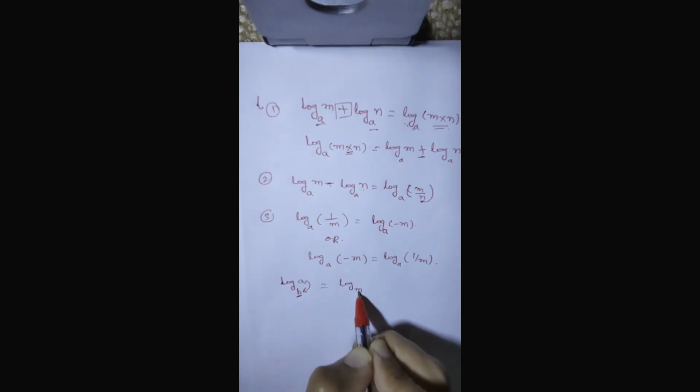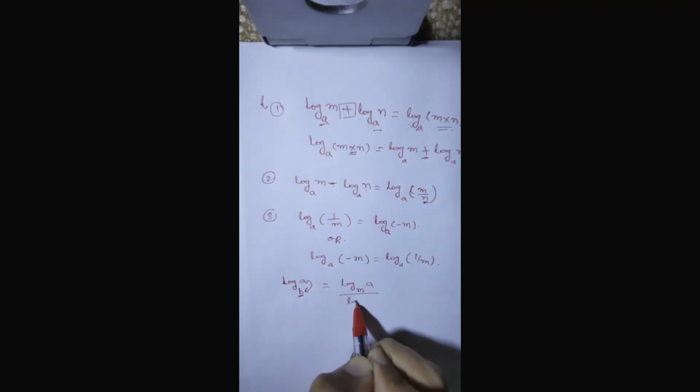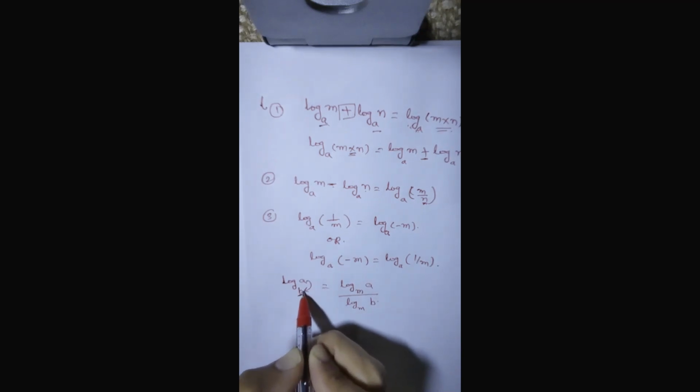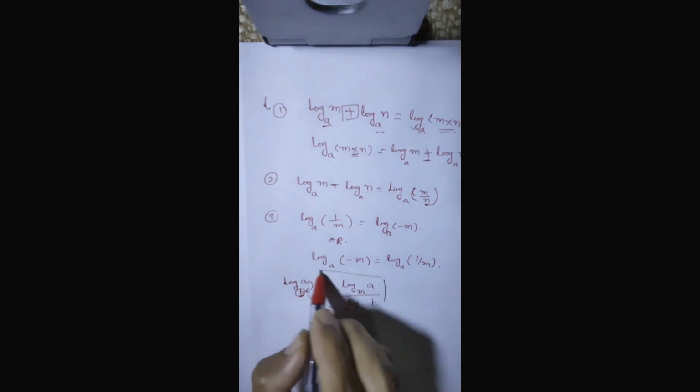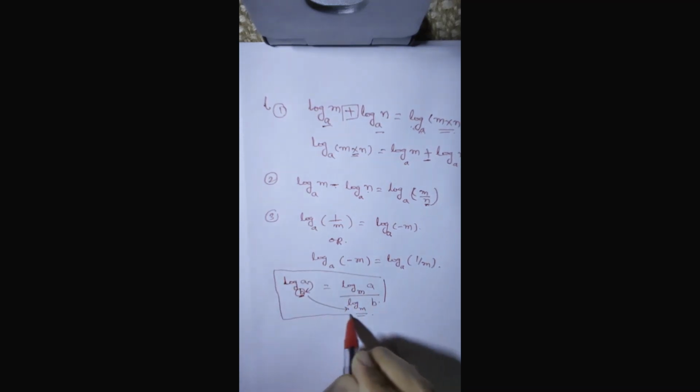Then this will become log to the base m of b upon log to the base m of a. So remember, the old base is always the denominator. So this is called the change of base formula, and I want you to remember it because it's very useful in simplification.